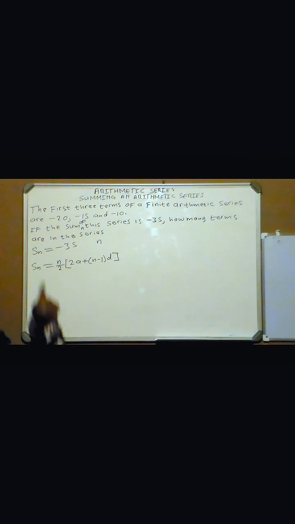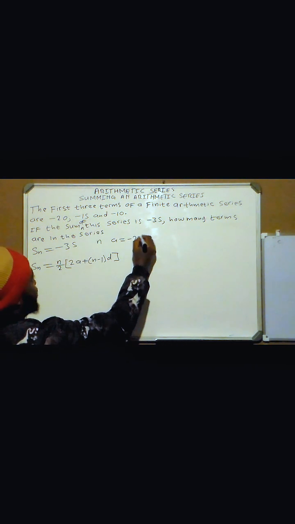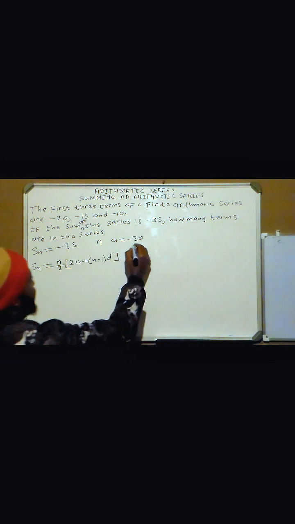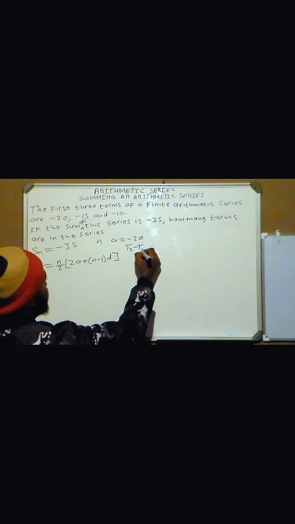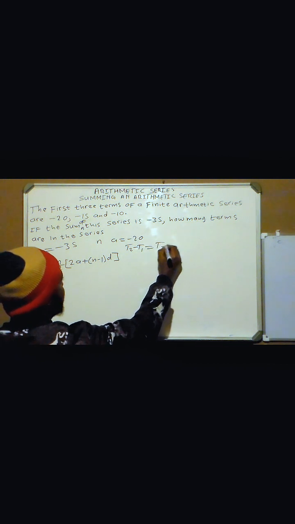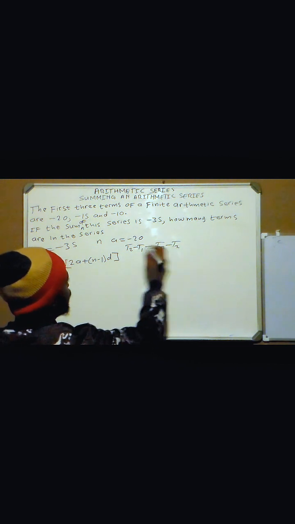So here we have Sn is negative 35. We know that we are supposed to solve for n. And also we are given 3 terms of the series, or rather the sequence. So we have the a value. Our a value is negative 20, and then our common difference, T2 minus T1, should be equal to T3 minus T2.